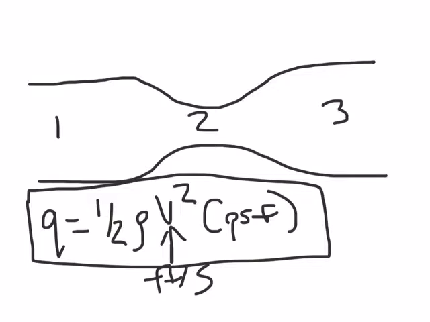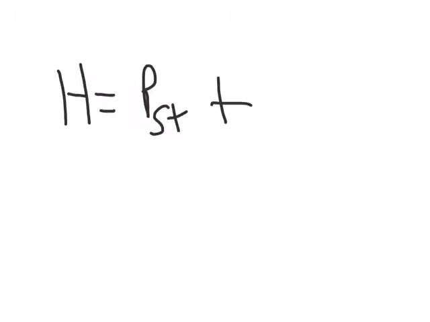All right. So if we look at this, what we eventually get for Bernoulli's equation, which is total pressure H, is going to be equal to static pressure. So big P is always static. I always write P static, plus dynamic pressure Q. All right.